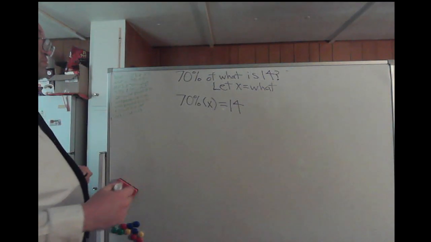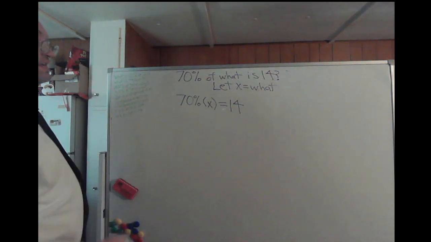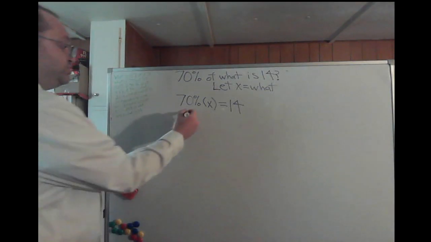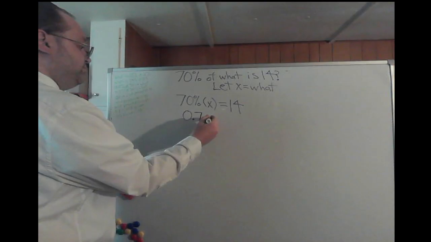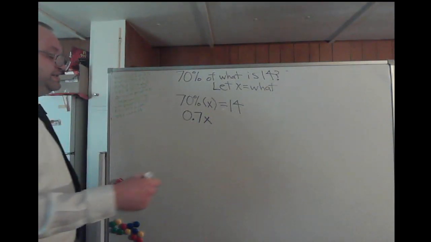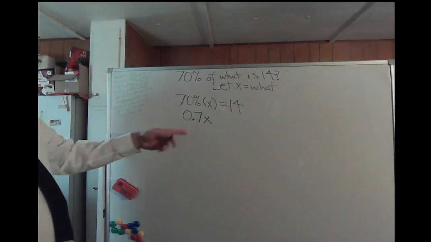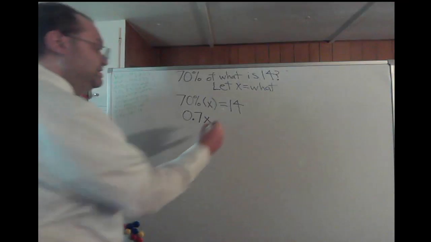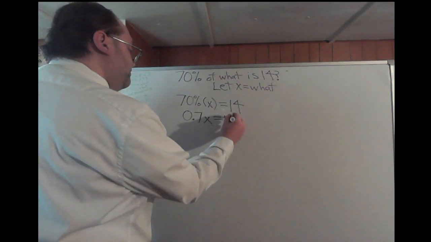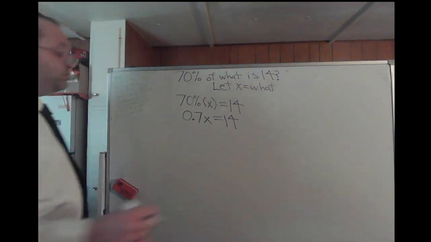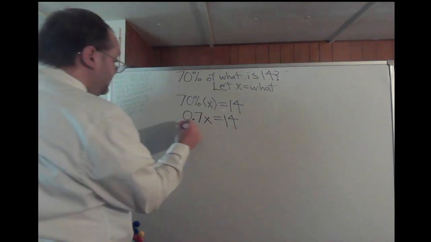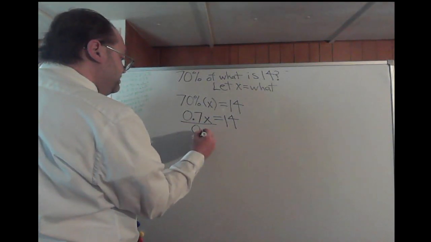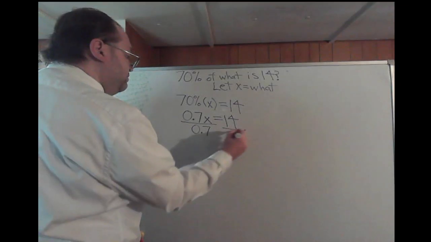Okay, so biggest thing here, take that 70%, convert that to a decimal, which would be 0.7. We'll have 0.7x, which is 0.7 times x. That'll be equal to 14. Now, of course, the goal is get the x by itself, find out what that what is, divide both sides by 0.7.